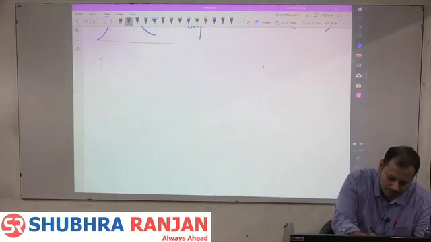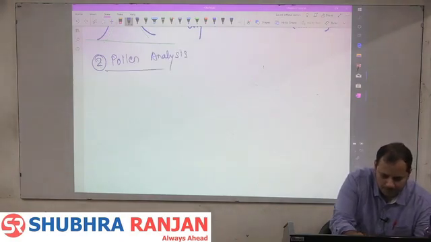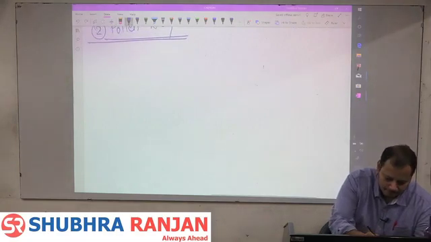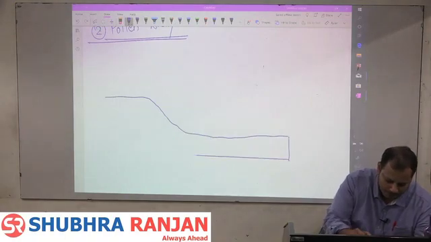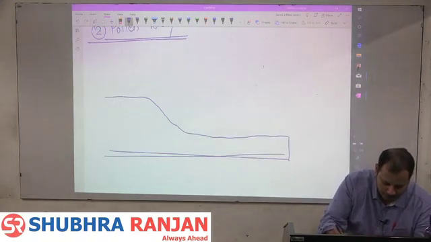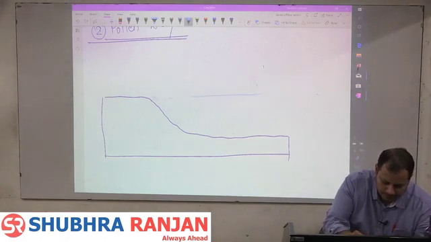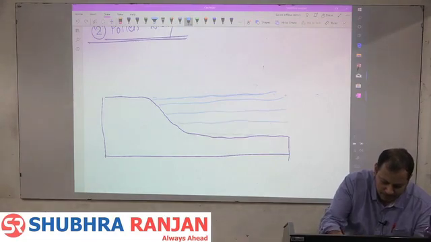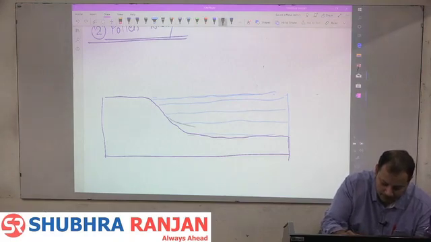Second, pollen analysis. See, most of the pollen grains from the land are destroyed, but a large amount of pollen grains survive on the bottom of the lakes.